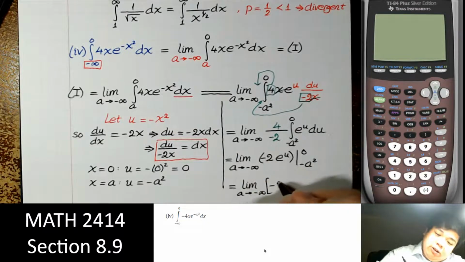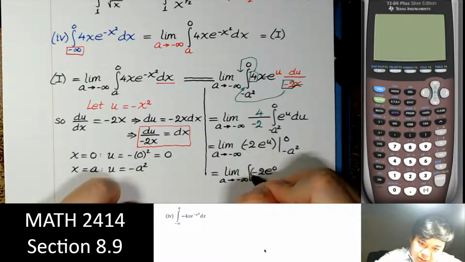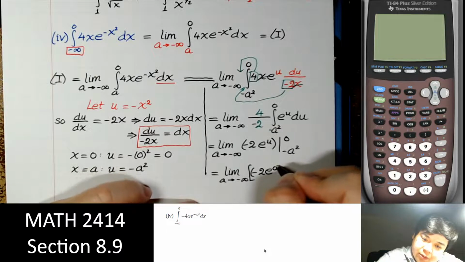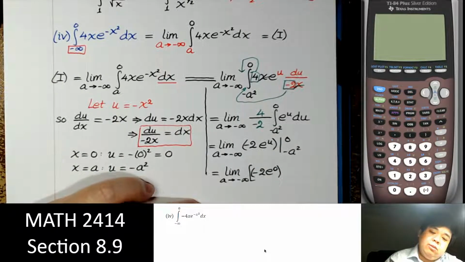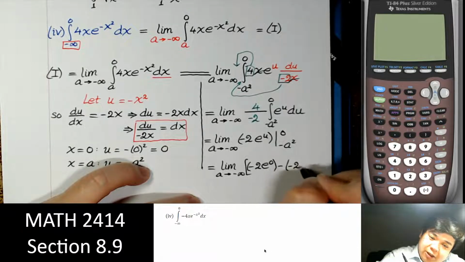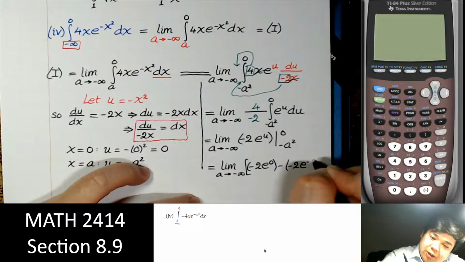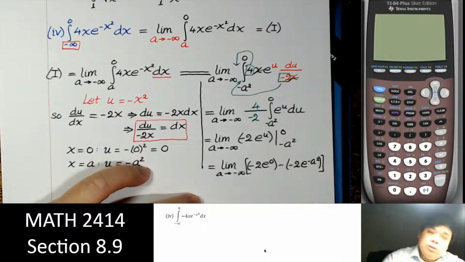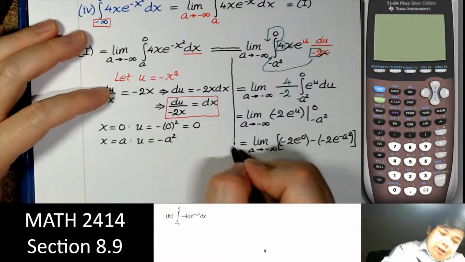Put in 0, and then put in negative a squared.